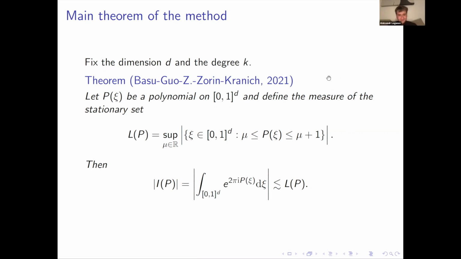Is there any relation between this and the kind of Yomdin complexity that has been used in this context? I'm not aware of this. I know some work of Yomdin, but I'm not aware of that. It bounds the number of components when you look at level sets, and it was used by Pila quite importantly in Pila-Wilkie.